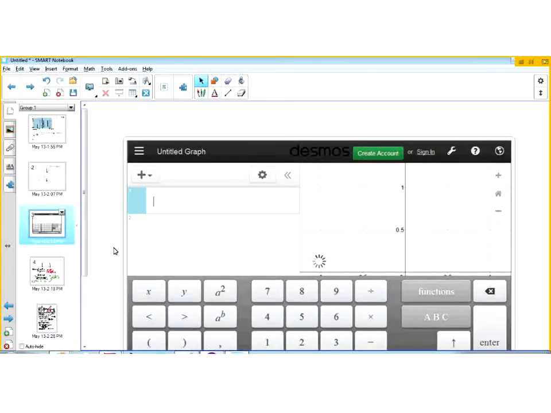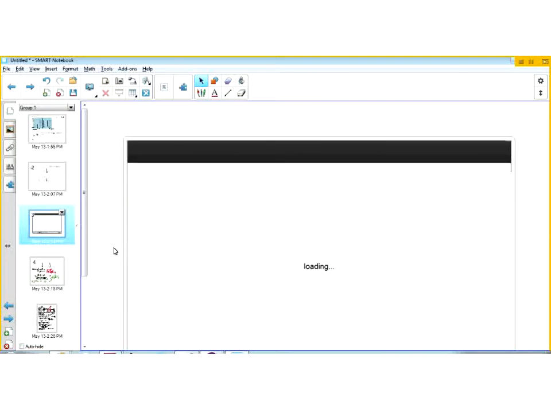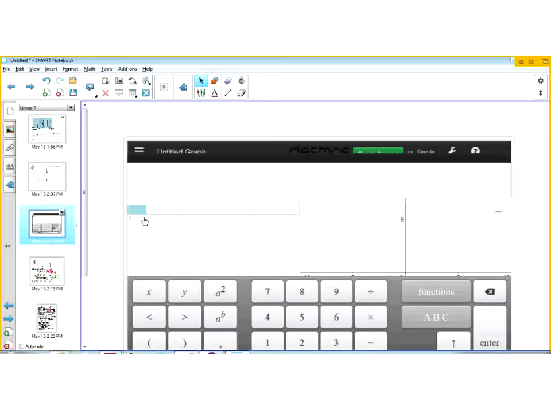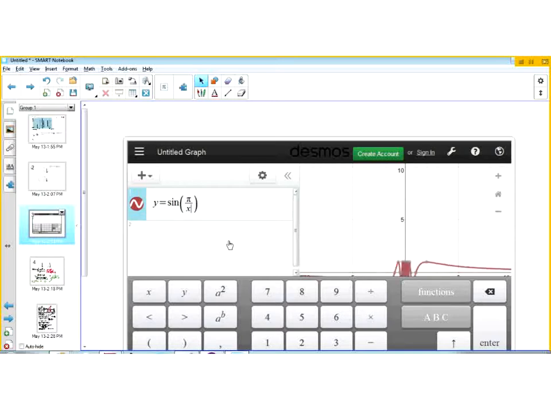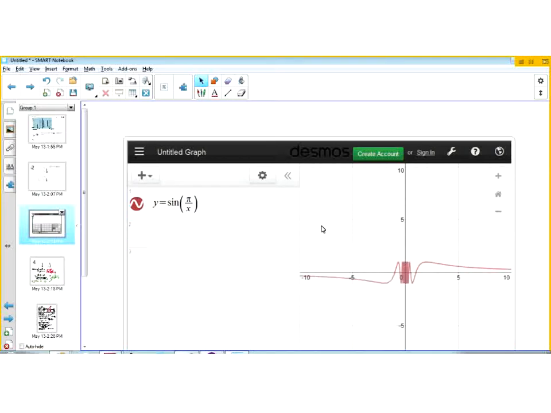Consider this function. y is equal to sine of pi over x. Okay, so a rather interesting graph. And we want to examine what the limit is.